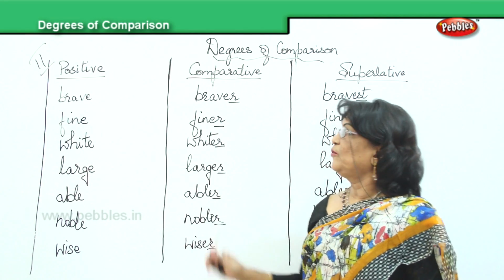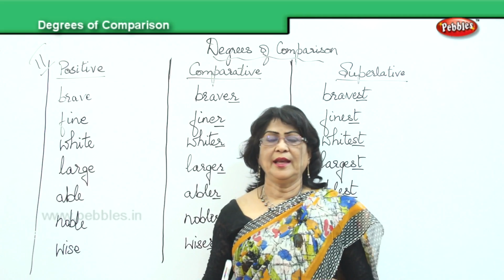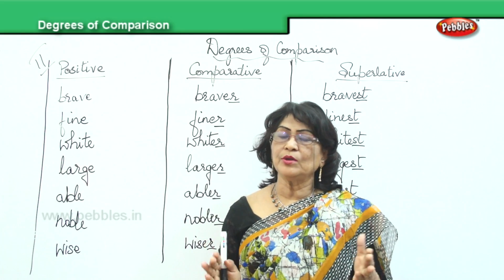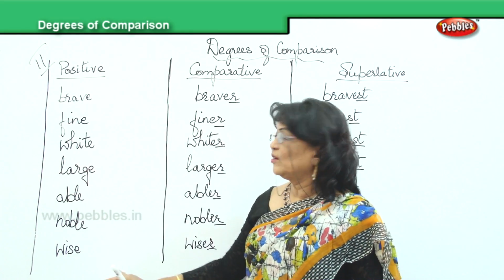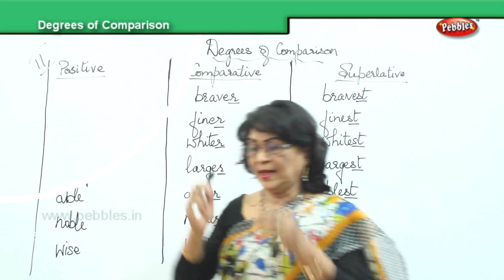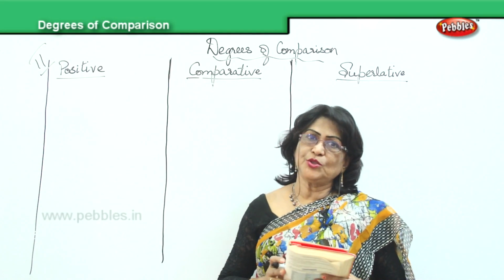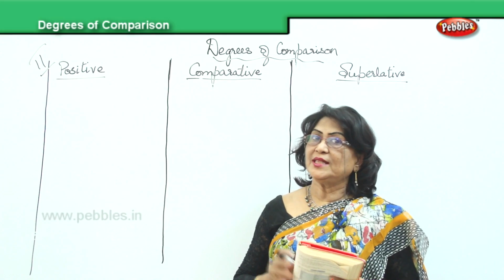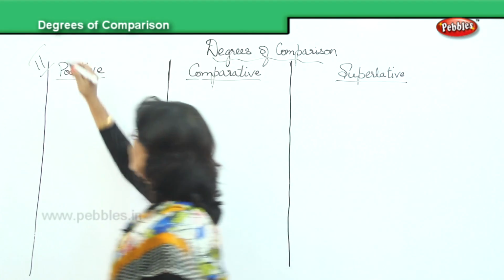Okay, these are a few of the examples, and you have to apply this rule to words ending in E. Now, we have seen rule 2. Next, we are going to see rules 3 and 4 together.